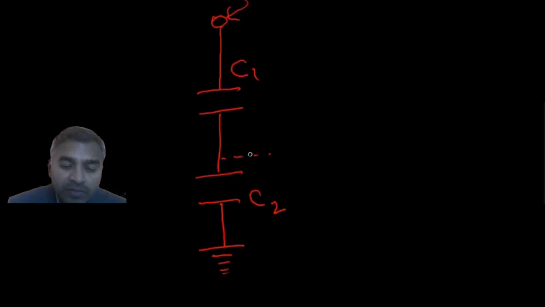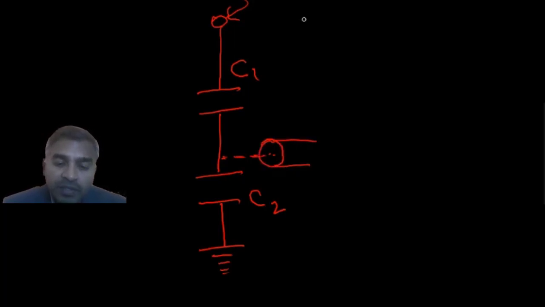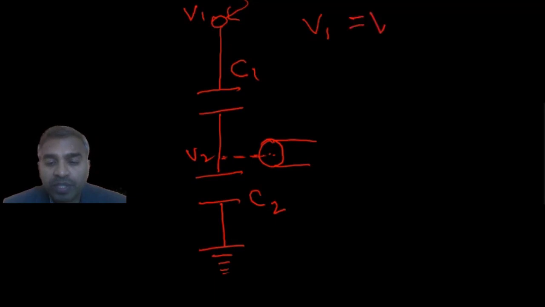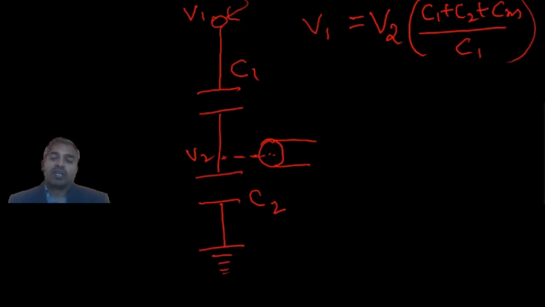You have to tell the logic also. How did you think like that? This is the cable. So V1, this is V2. V1 equals V2 into C1 plus C2 plus Cm by C1. In your opinion, C1 should be of high value? Yes, sir, because the voltage is calibrated in terms of V2. If C1 is of high value, then we will get V2 nearly equal to V1.